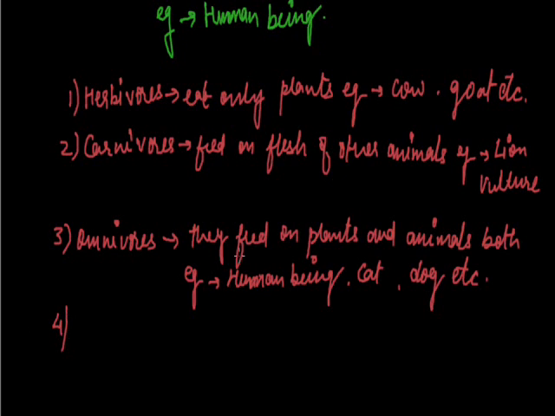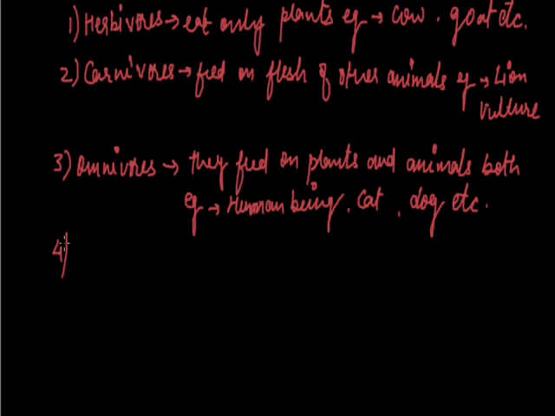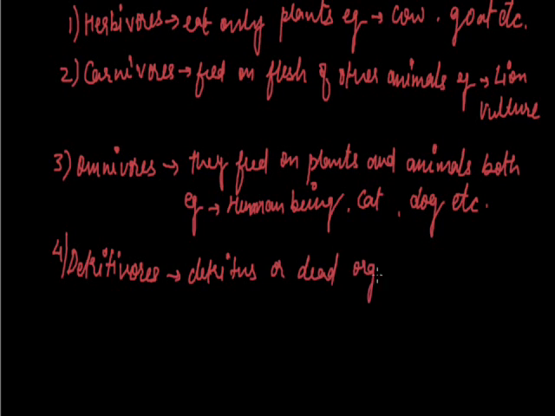Now, the fourth category is detritivores. These are organisms which feed on detritus or dead organic matter. Example of detritivores: earthworm and slime molds.